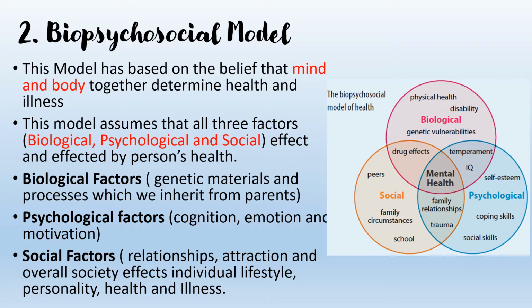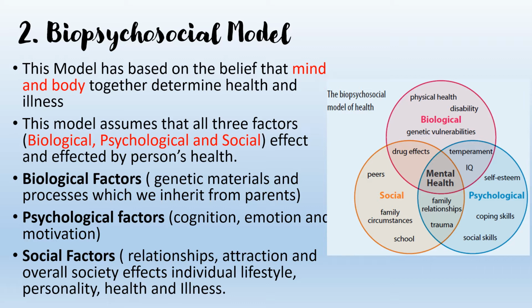Biological factors such as genetic material and processes which we inherit from parents, psychological factors that include cognition, emotion, a person's motivation, and social factors, relationships, attraction, overall society effects on individual lifestyle, personality, health, and illness. These three factors affect the overall personality and overall healthy conditions of a person.